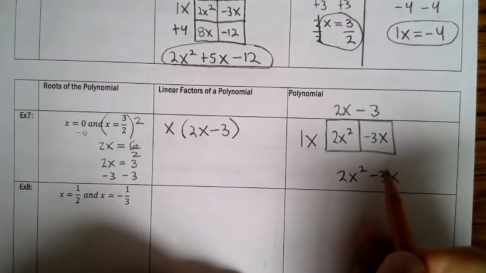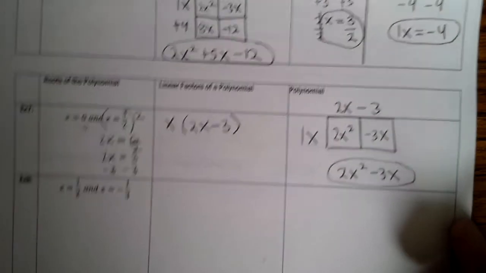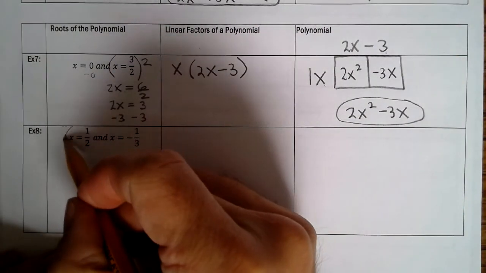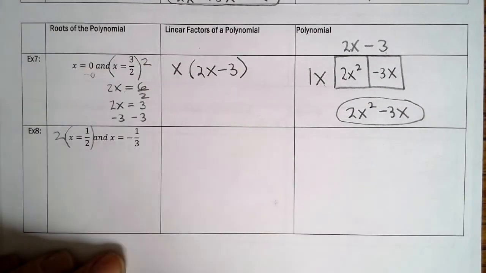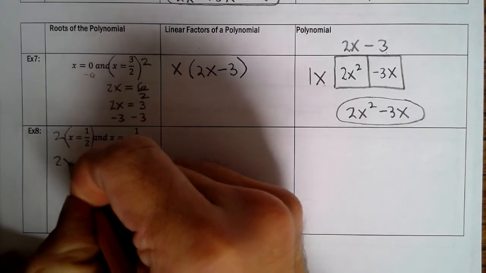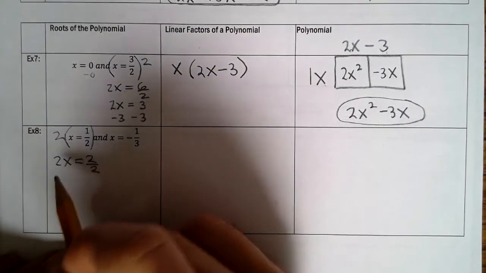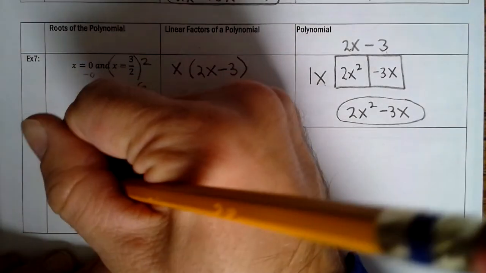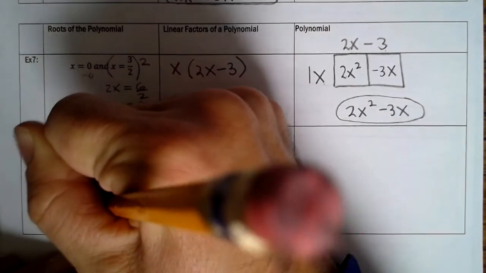Example 8. So here, given the roots, we need to find the factors. So we need to multiply both sides by 2. So then you get 2x equals 2 divided by 2, which is 2x equal to 1. Now we subtract 1 from both sides, so you get 2x minus 1 equal to 0. And here we multiply both sides by 3.